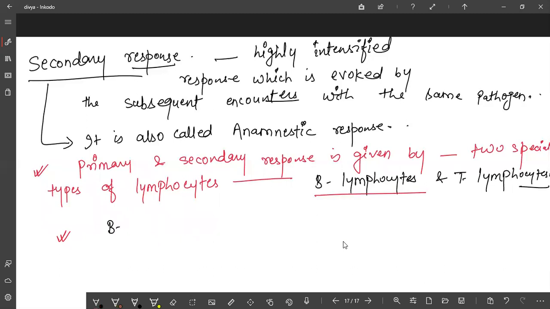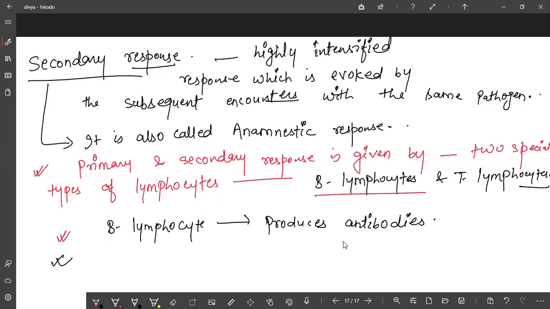This B lymphocyte produces antibodies, and T lymphocyte will help B lymphocyte to produce antibodies. Is it clear to you?